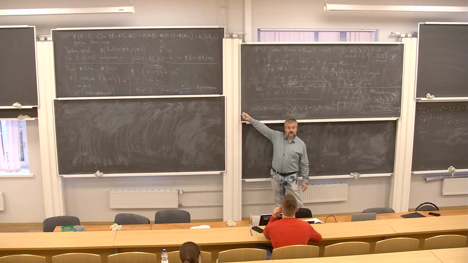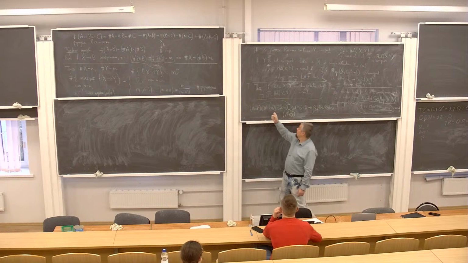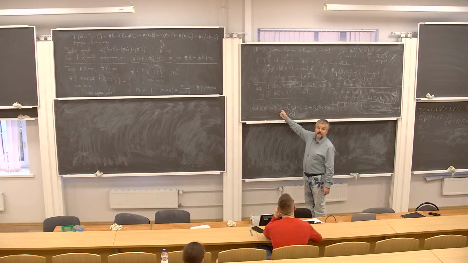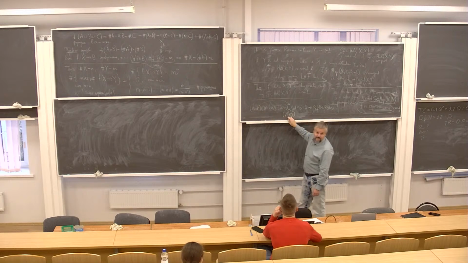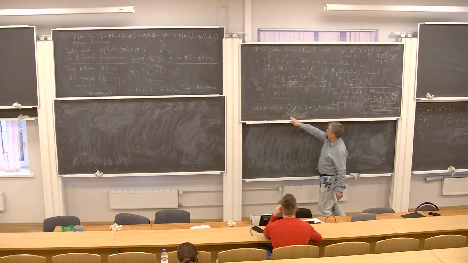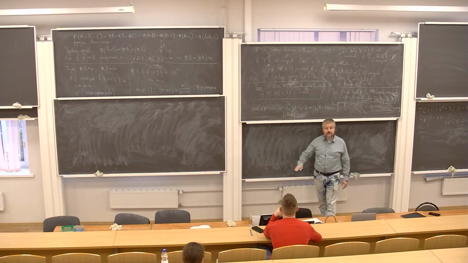And we need a stronger statement: that delta depends only on epsilon, not on f, not on x. It does depend on x because of compactness, but it may depend on f, right? And if I require that it does not depend on f, that means equicontinuity.